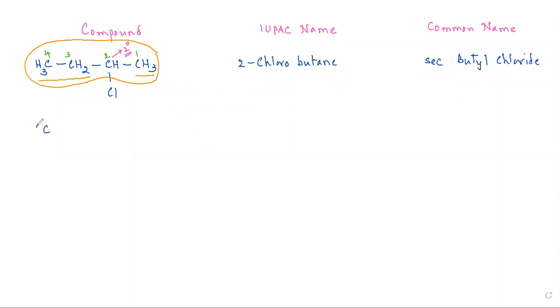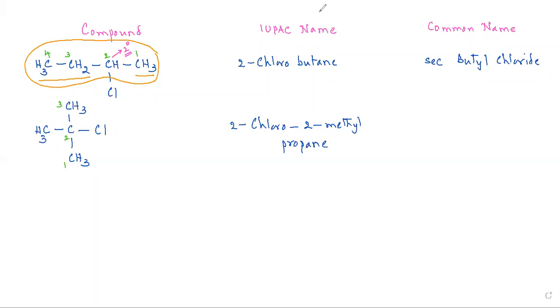Next. Of course, it can be numbered in different ways. See, this is of course called 2-chloro-2-methylpropane.